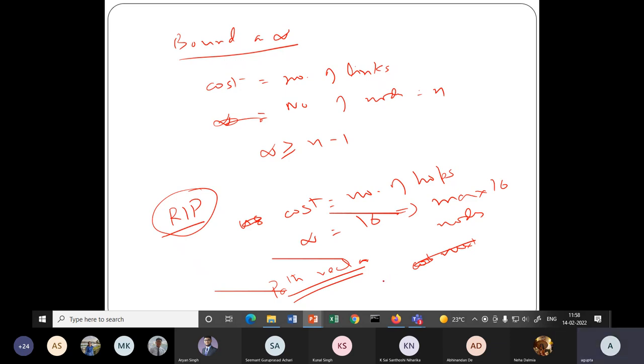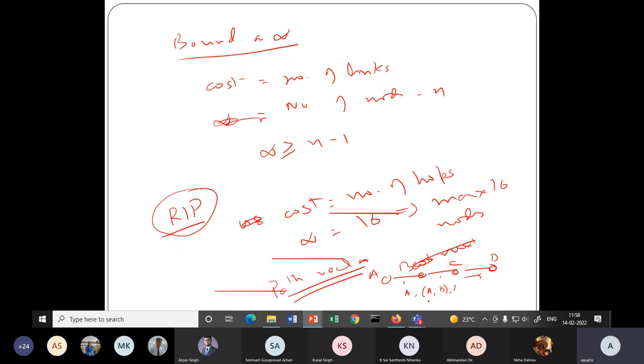So in the earlier case, suppose you have something like this: A, B, C, D. When B sends to C, B will send: destination is A, the path is A, B, cost is, let's say these are all 1, cost is 1.